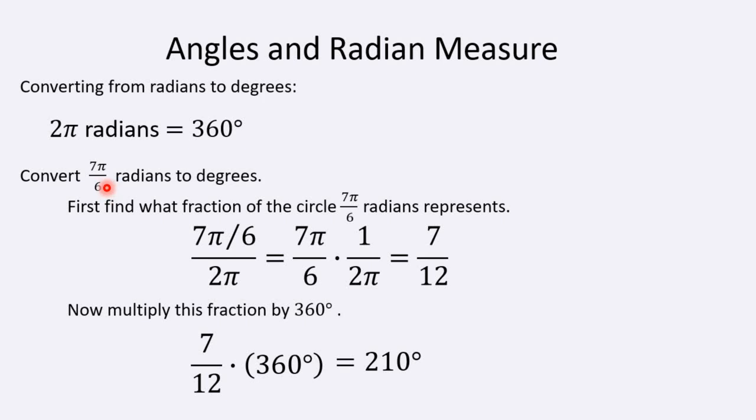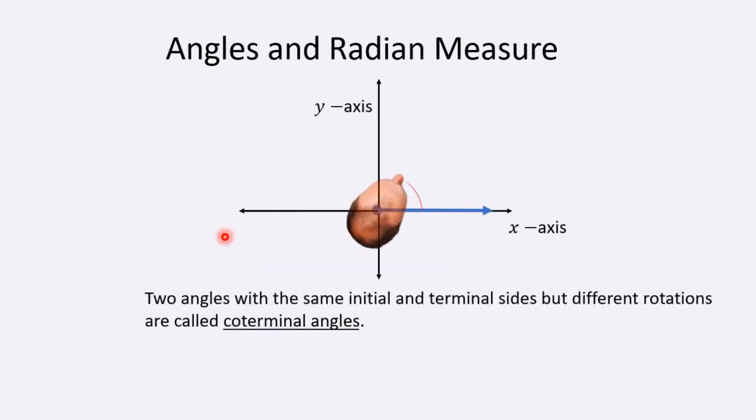All right, let's look at coterminal angles. So let's look at this first angle, positive angle 120 degrees. That's not the only way of getting to this terminal side. The definition of coterminal angles is that two angles with the same initial and terminal sides but different rotations are called coterminal angles.